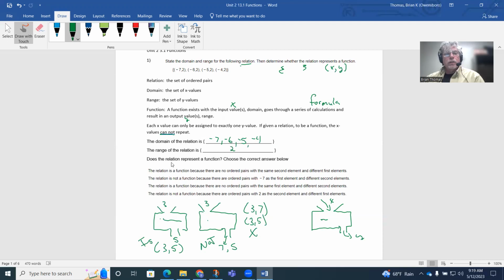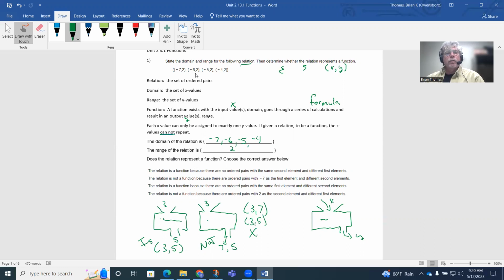So the question is, does this relation represent a function? Notice that if -7 goes through the problem, it kicks out a 2. It was only assigned one y value. I don't see another -7 anywhere, so it's not paired with two different y values. The -6 goes in, and it kicked out also a 2, but I don't see a -6 kicking out any other values.